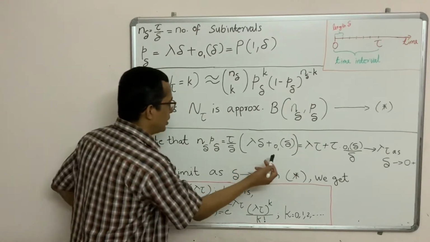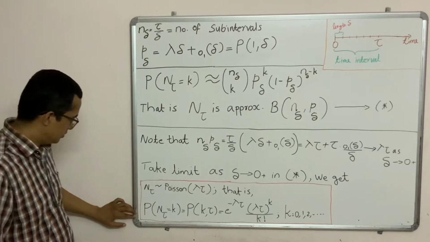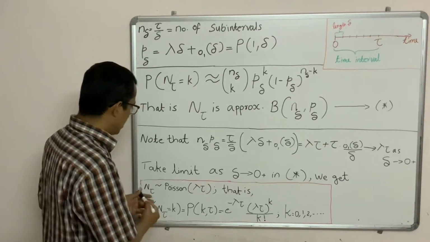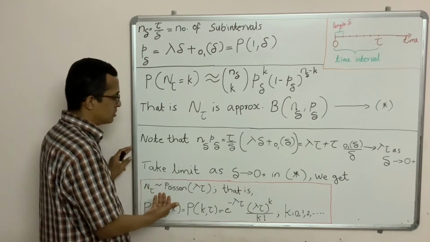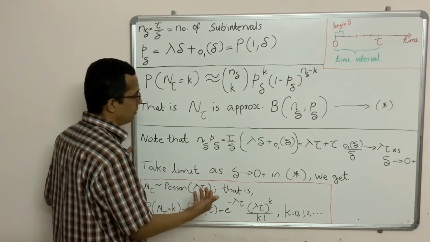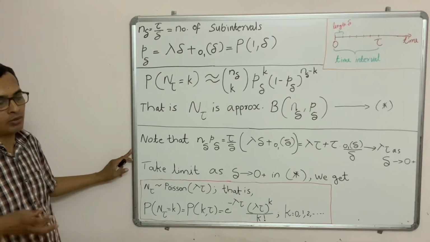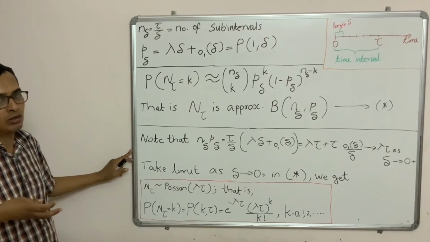Lambda tau is the limit of this n delta p delta. So we conclude that the number of arrivals in an interval of length tau is Poisson with parameter lambda times tau. The parameter of the Poisson depends on the length of the interval.